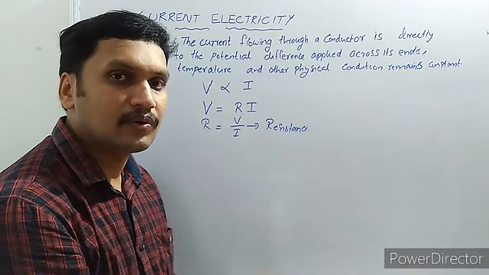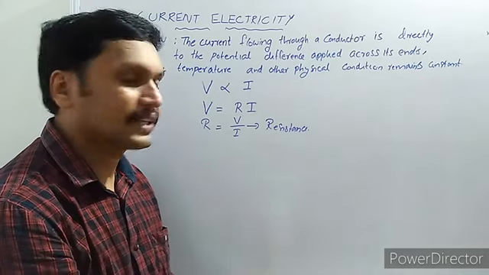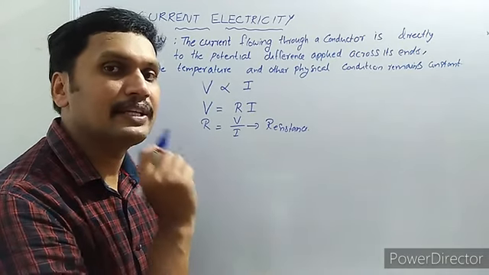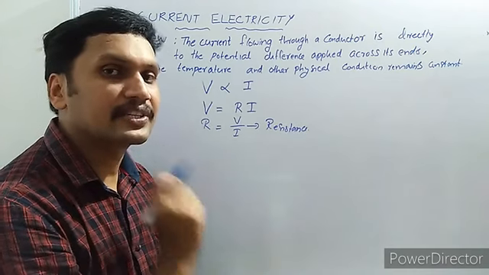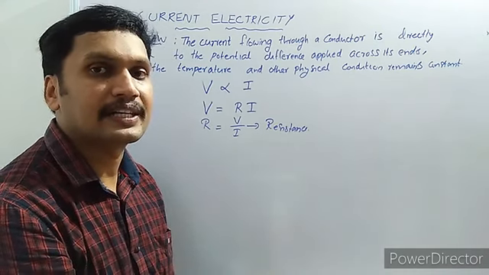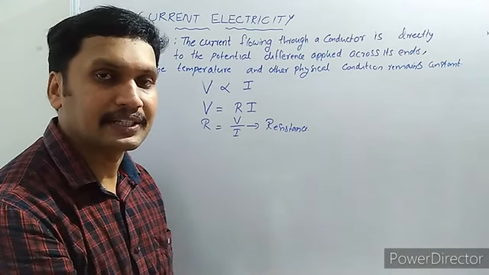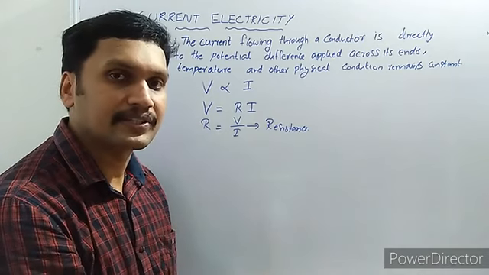R is equal to V by I. It is independent of both potential difference and current. Actually, it is the opposition offered by the conductor to the flow of electric charges through it. It is known as the resistance of the conductor. Every conductor has some resistance.